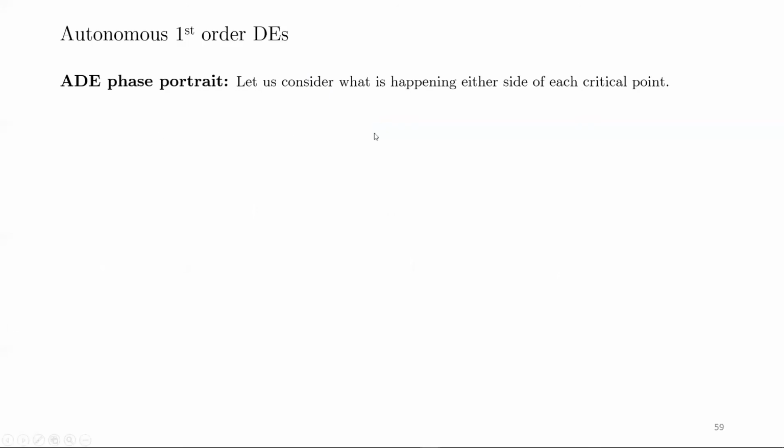Okay, so let's consider what's happening on either side of each critical point. This ADE we just looked at, dy by dx equals y times y minus 3, has these two critical points. Let's have a look at what's happening to the derivative on either side of these critical points.